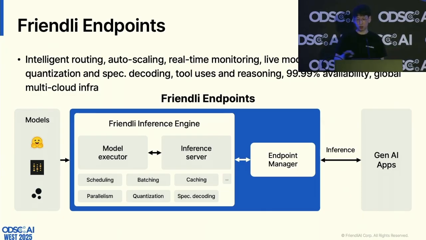So you don't need to run offline steps to use quantization, for example. Tool calls and reasoning, 99.99% availability, and geo-distributed infrastructure with multi-cloud vendors. And lastly, the integration with Hugging Face and Weights & Biases.